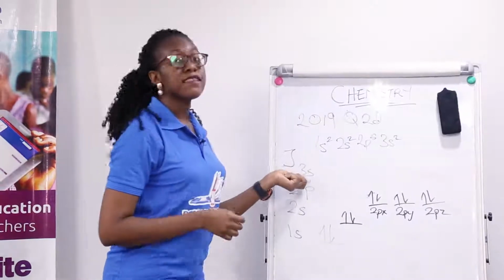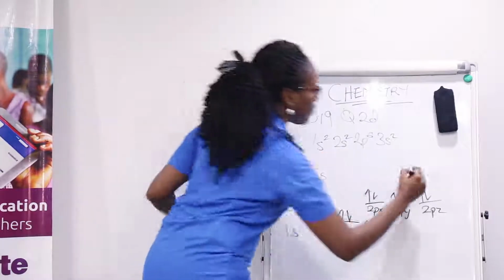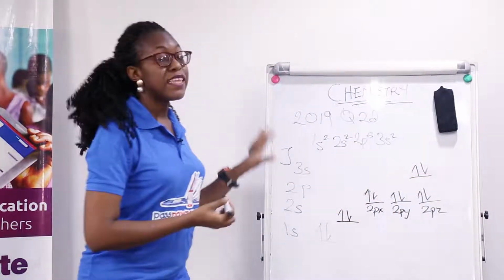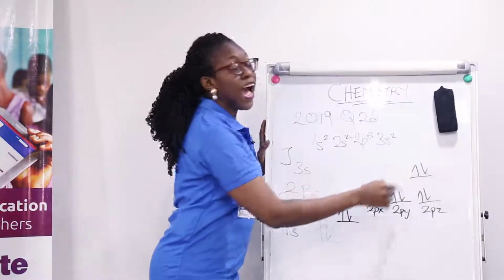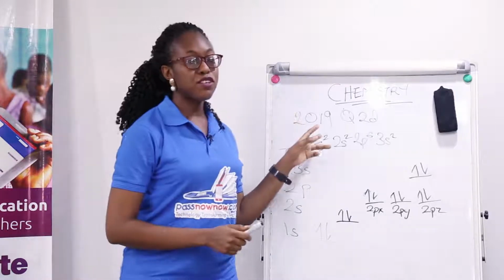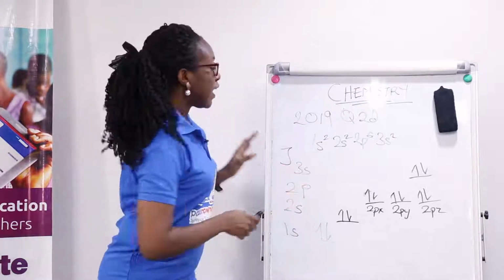Now, 3s, S block takes 2 electrons. From this, we can tell that there are no unpaired electrons because each orbital has been paired up perfectly. So the answer to that question is that J has no unpaired electrons.